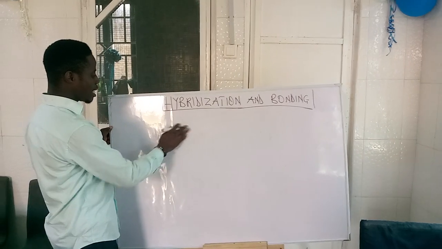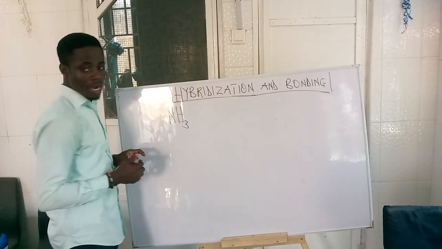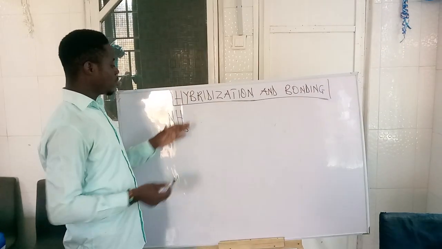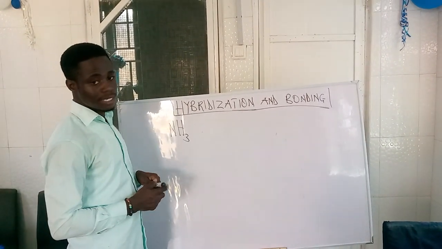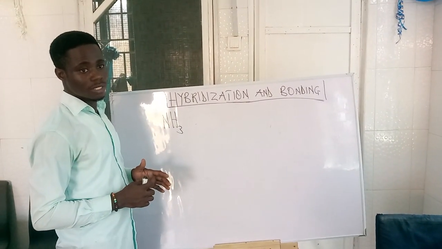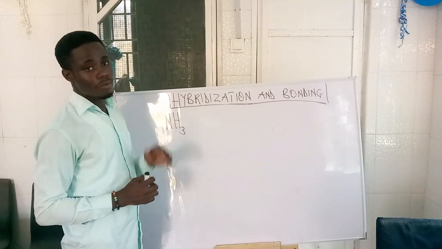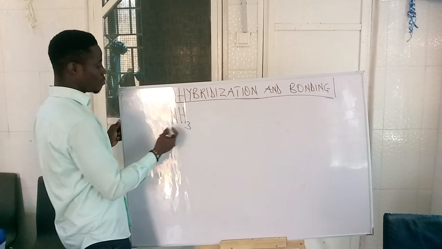Let's look at a molecule like NH3. This molecule is very common, ammonia. If you want to determine the type of hybridization in ammonia, you can go by the normal procedure, just like I taught, or you use a very simple trick. So let's look at the central atom.